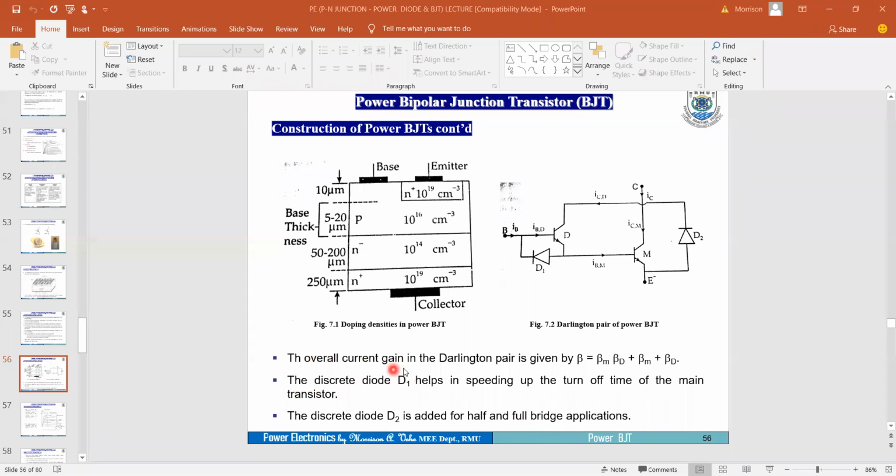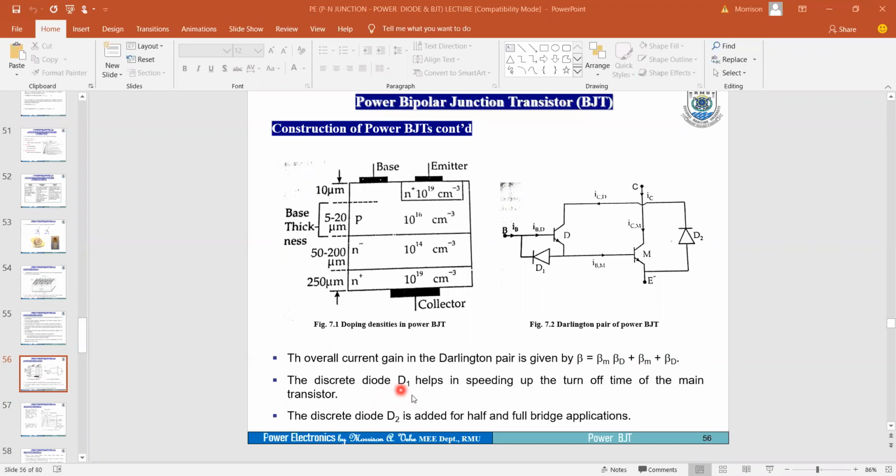So the overall current gain in the Darlington circuit is beta equal to beta for transistor M times beta for transistor D, that is the product, plus beta M plus beta D. So in effect, you realize that this times this plus this actually improves the overall gain.